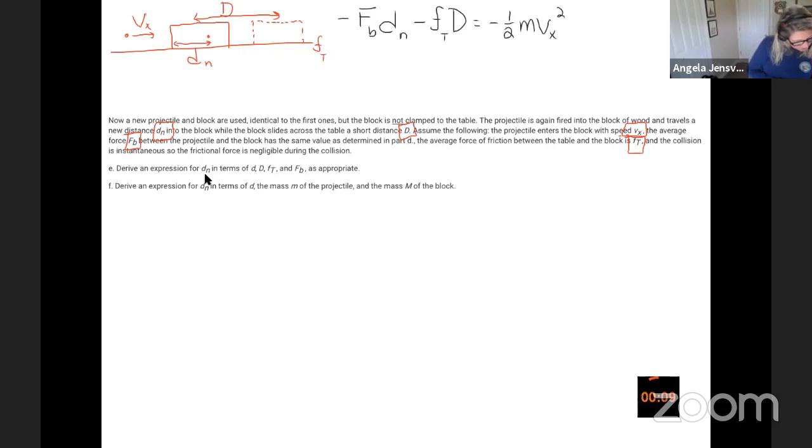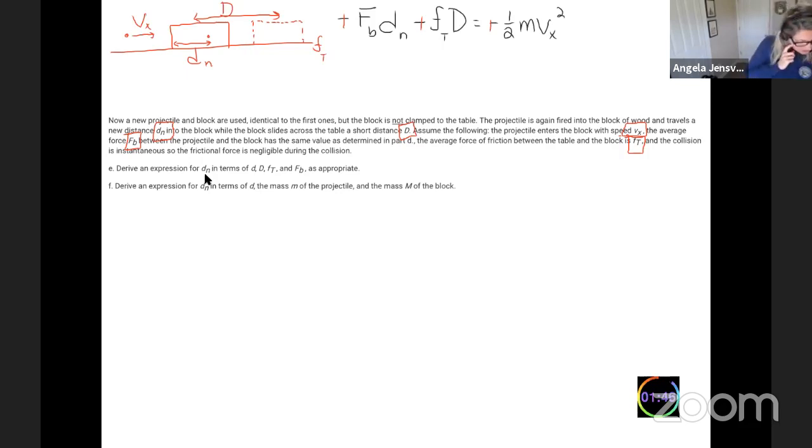So what are we trying to get? dn. But wait a minute, 1/2 mvx squared, I wrote it down from before. First, can I please cancel these negatives? Now 1/2 mvx squared from before, we calculated that was JpVx over 2. Is that going to help us? I think that's going to help us.